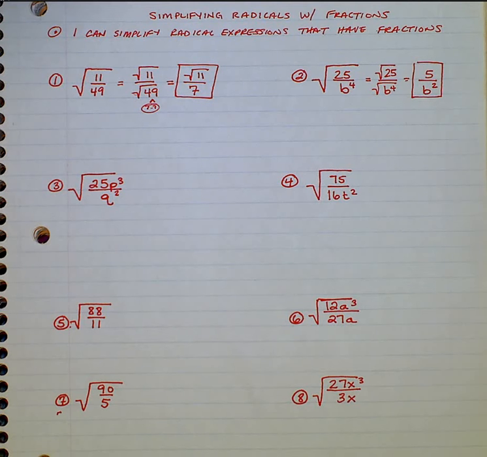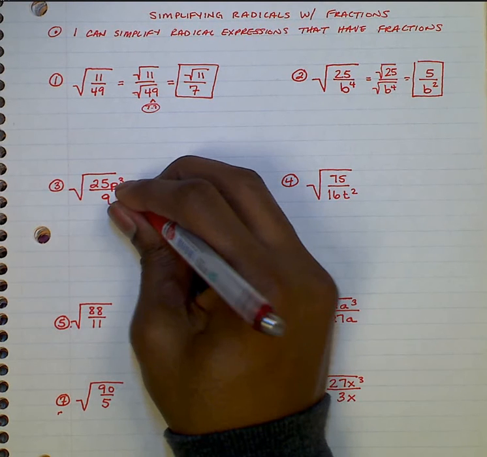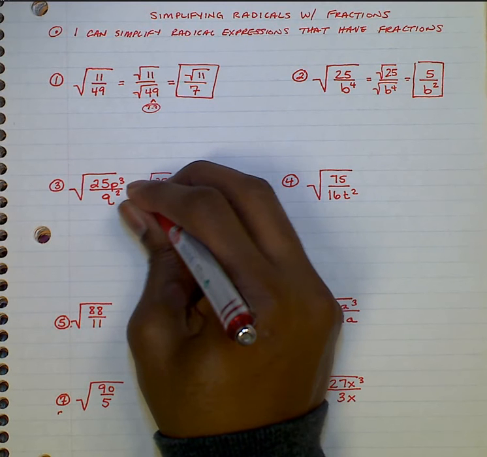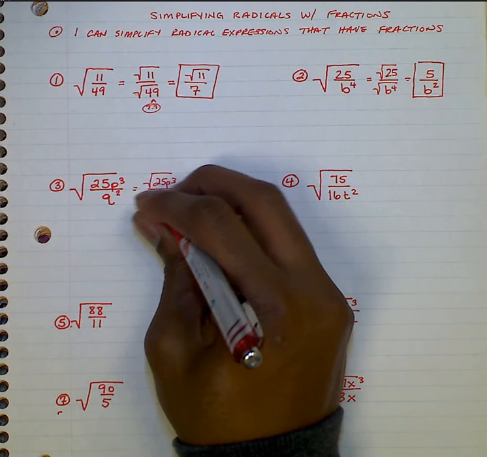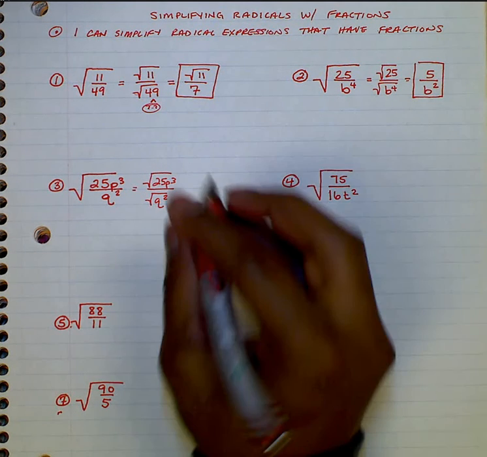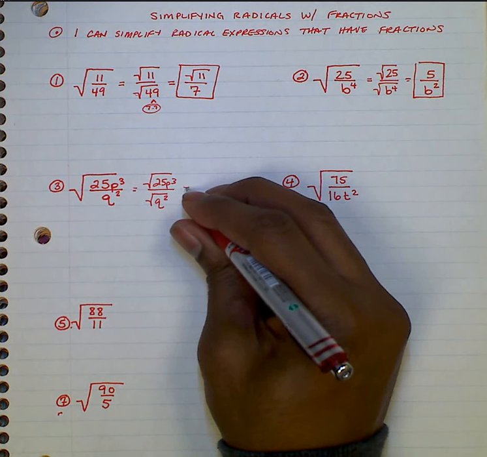Alright, now looking at number 3, we have radical 25p to the 3rd over q squared. Again, looking to see if I can simplify any kind of way, and I can't, so I'm going to separate it into radical 25p to the 3rd over radical q squared. Then I'm going to simplify. 25 goes to 5.